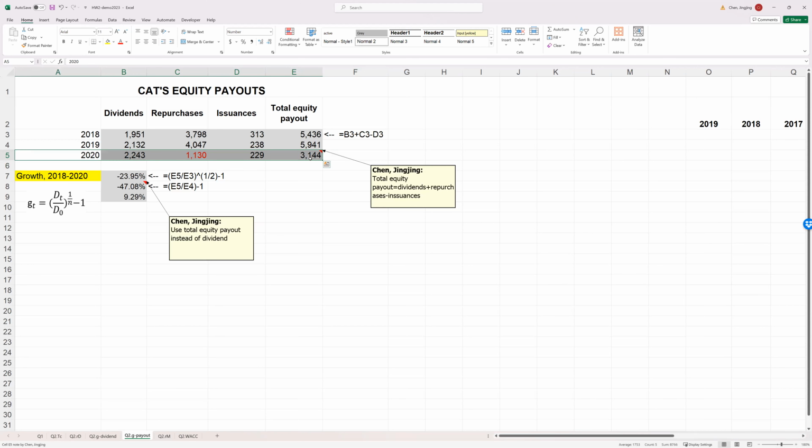When we consider the growth rate of equity payout, we probably should not include this extraordinary year. We probably should not include 2020 in our projection of future years, unless we think there are some other shocks going on in the future.